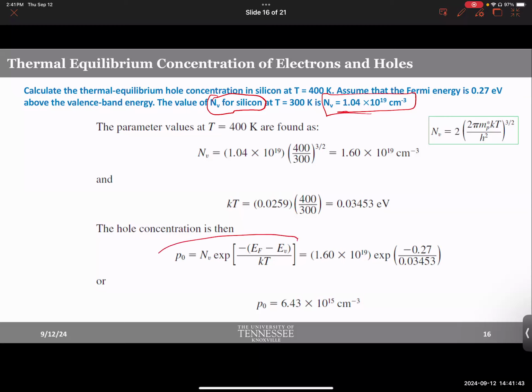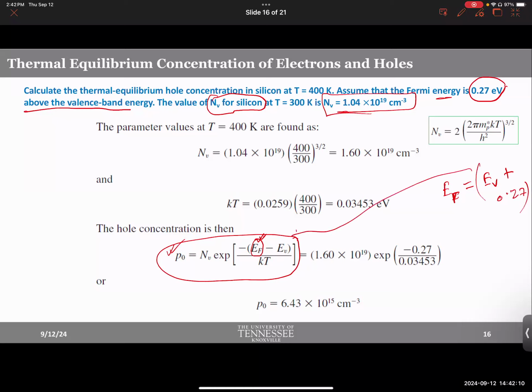So let's start with the equation that we need to use to calculate the thermal equilibrium hole concentration. We need this equation. So let's start with the Fermi level energy. Let's see whether they have given us the Fermi energy. So the Fermi energy is 0.27 electron volt above the valence band energy. So can I write it this way? Fermi energy is valence band energy plus 0.27. As simple as that.